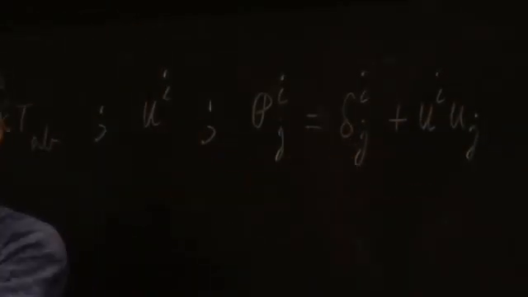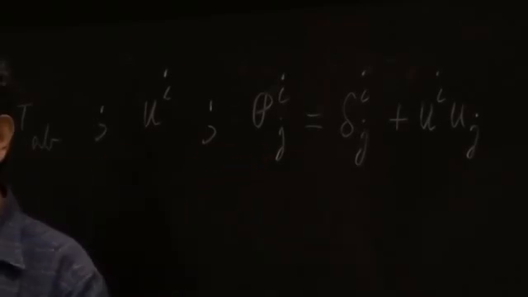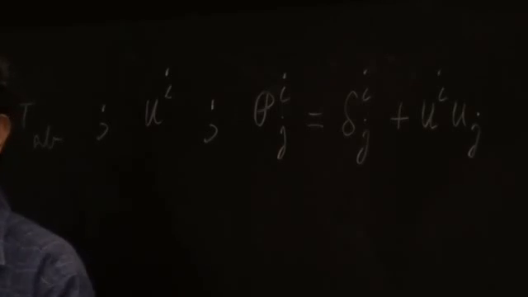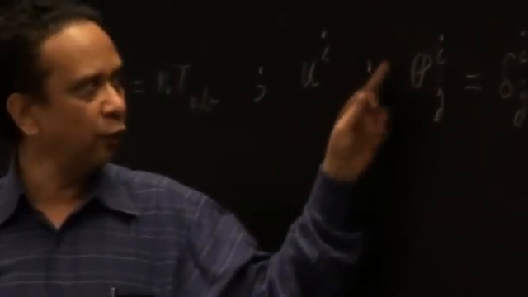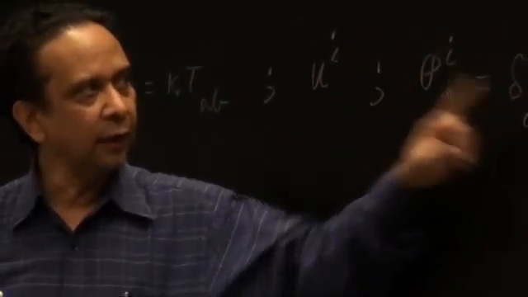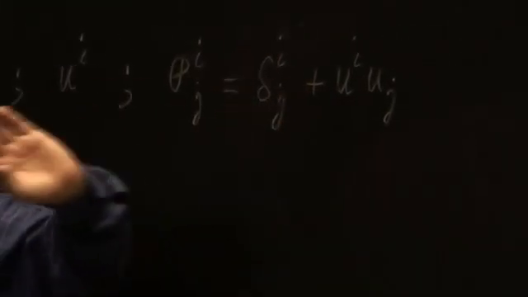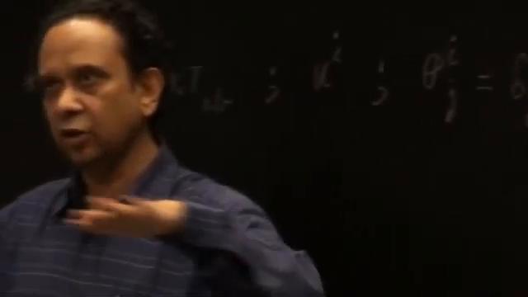I'm assuming everybody knows what projection tensors are. So this is a tensor which projects any vector to a surface which is orthogonal to u^i. And this itself is orthogonal to u^i. If I dot it with a u^i, in my notation it will be minus, and this will be u_j, and that will be 0. Okay, so this is a tensor which is orthogonal to the u^i.